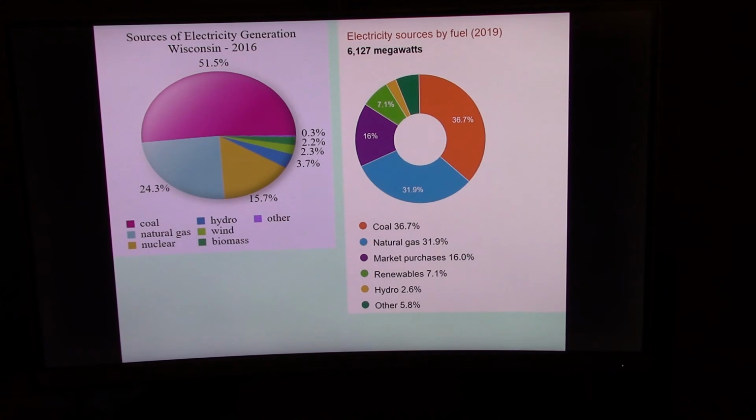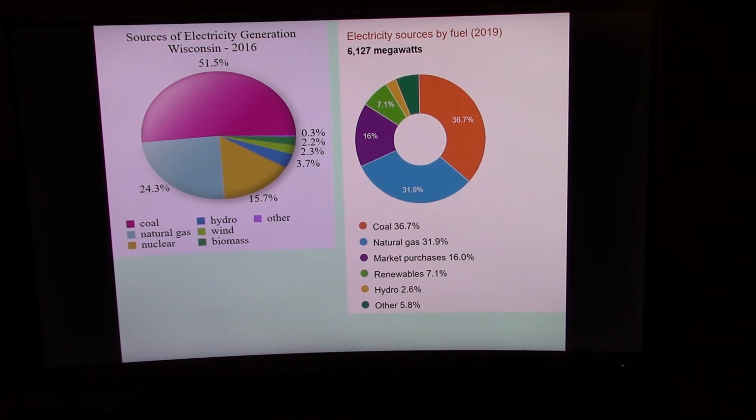Fortunately, over the years we have reduced our dependency on coal. From 2016 to 2019, it went from 51% to 36%. But even to this day, the majority of the power in the state of Wisconsin is coal power. Whether that is good or bad, I'm not going to say in a public forum.